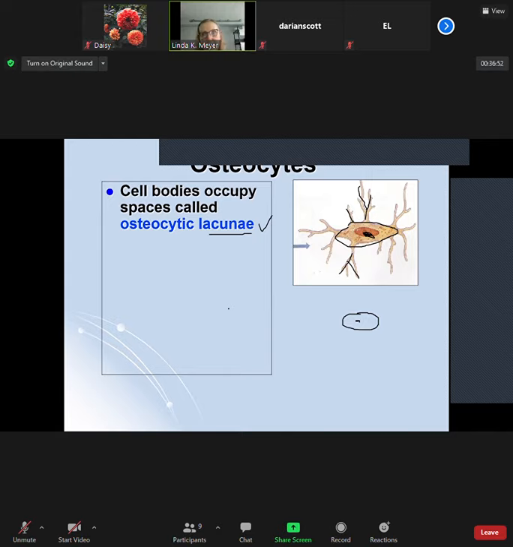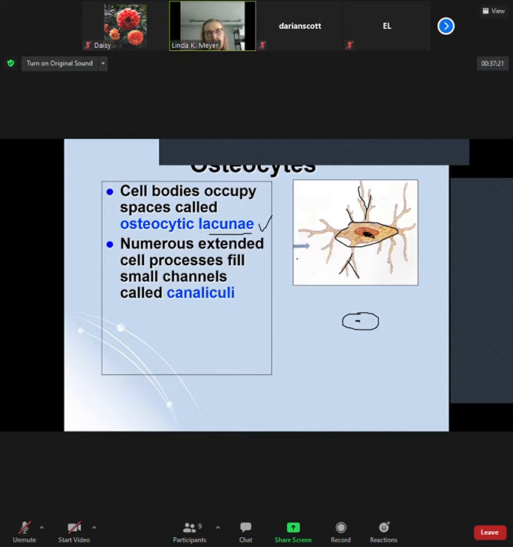So just as an analogy, if you're sitting, just picture that if you're an osteocyte and your chair or wherever you're sitting, that would be your lacuna. If you move out of it, you have that little space there. That's analogous to what we would see in bone. The osteocyte occupies a space called the lacuna.